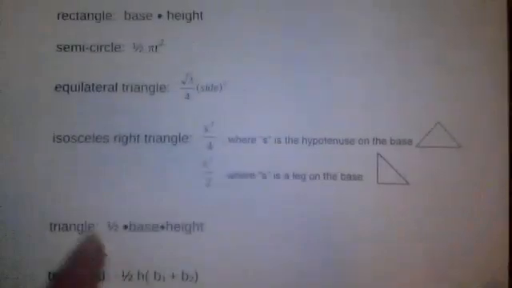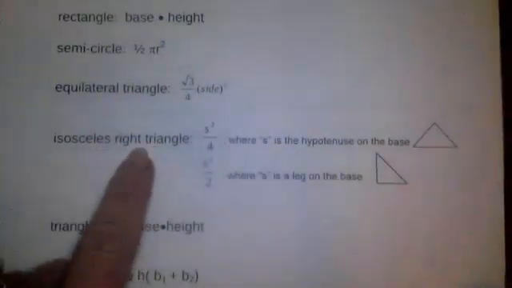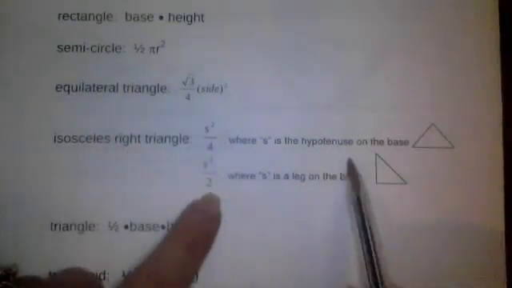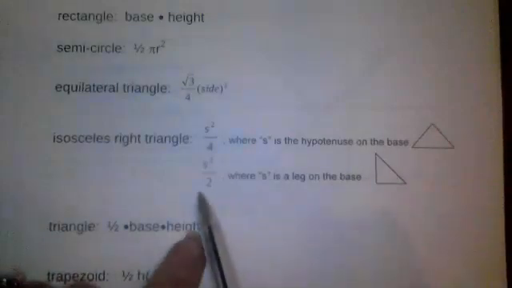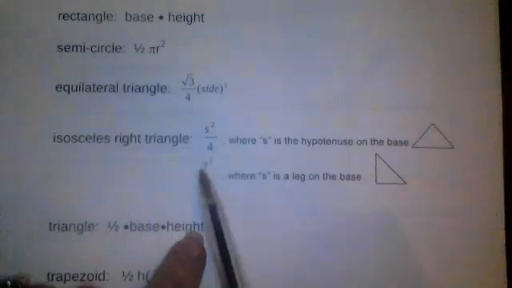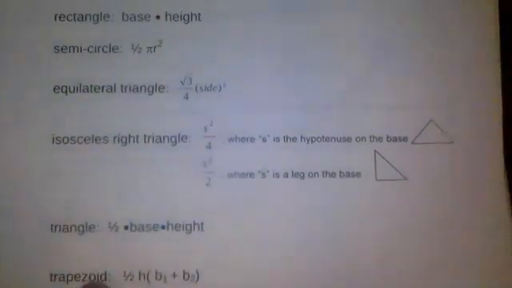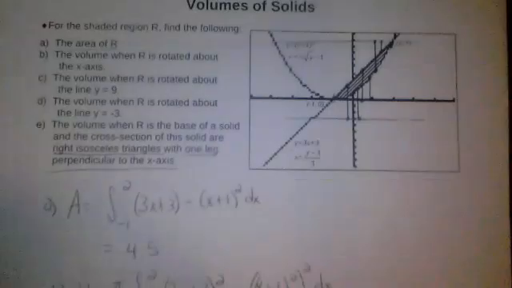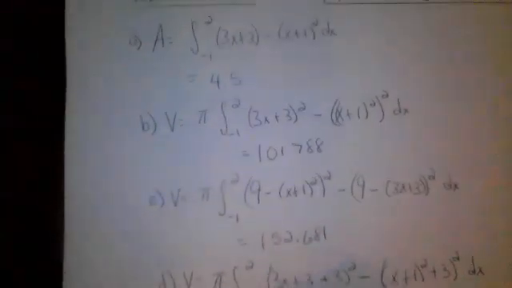So here's our formula sheet that I gave you the other day. Isosceles right triangle, where one leg is perpendicular to the x-axis. So this one right here. Side squared over 2, or 1/2 side squared, is our area formula. So for part E, our area formula is 1/2 side squared.